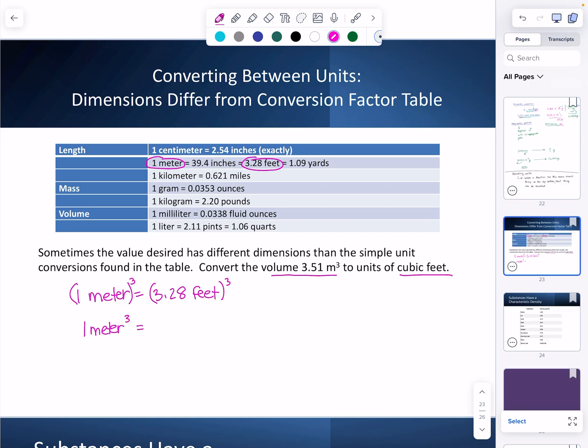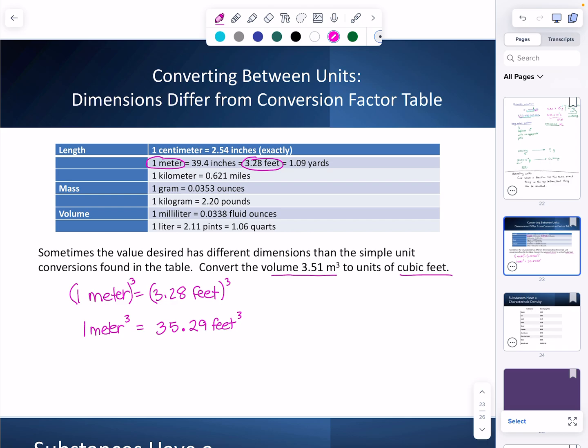And we've got 3.28 times 3.28 times 3.28, and that equals 35.29 feet cubed. So now this is going to be the same exact process as any other unit conversion.